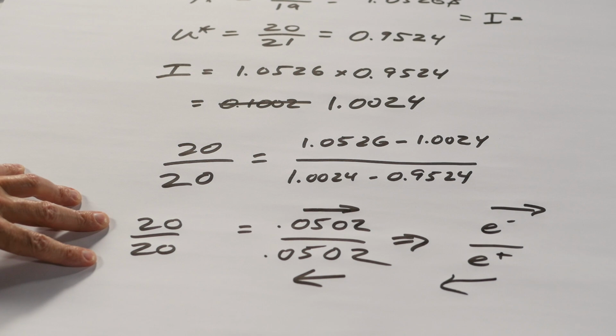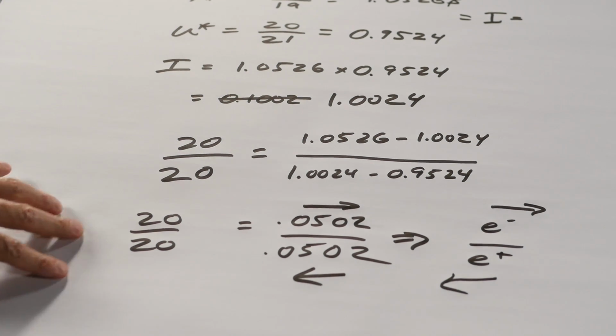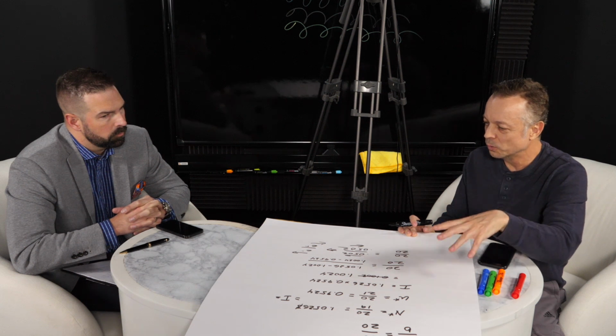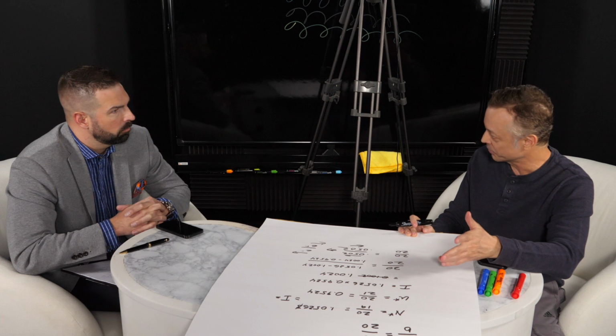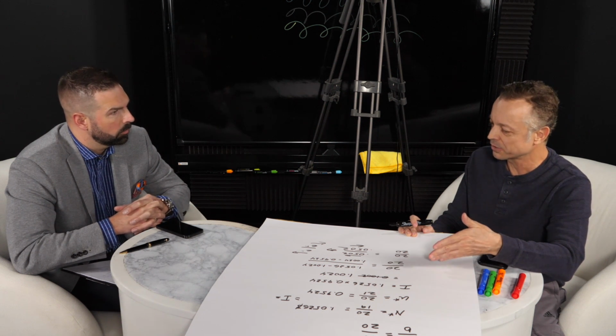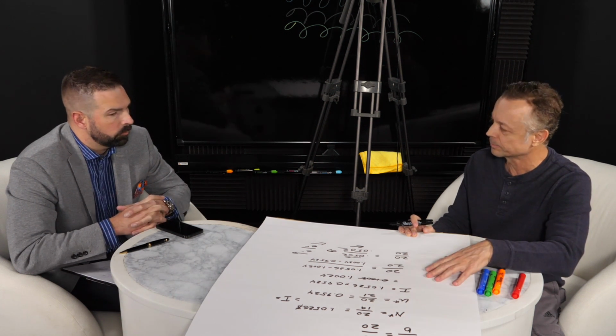So this has significant applications if we assume that there's a positron and electron in the orbital in a superposition, then this actually helps us define that.